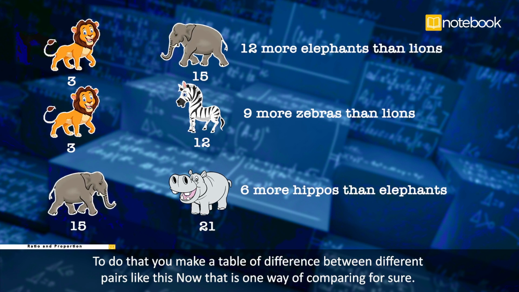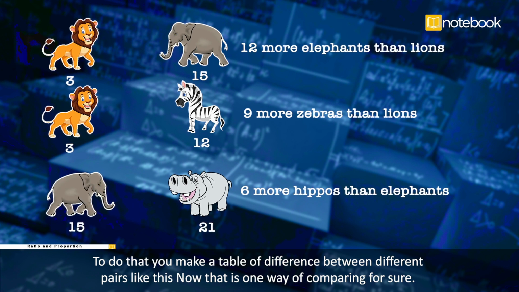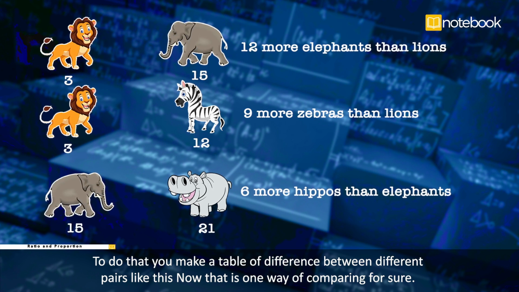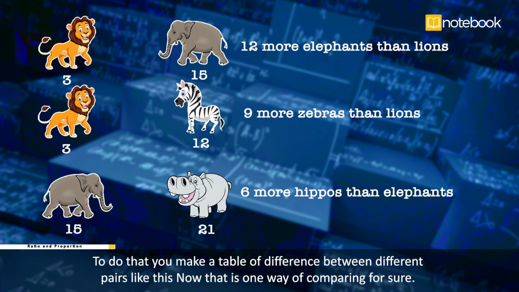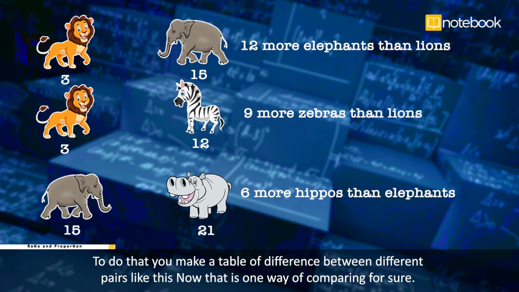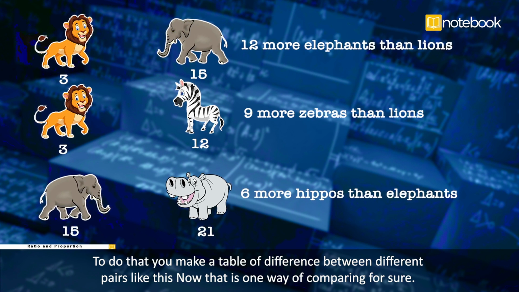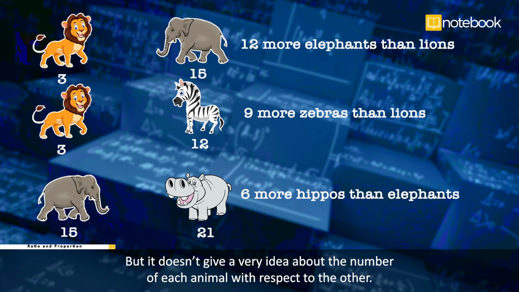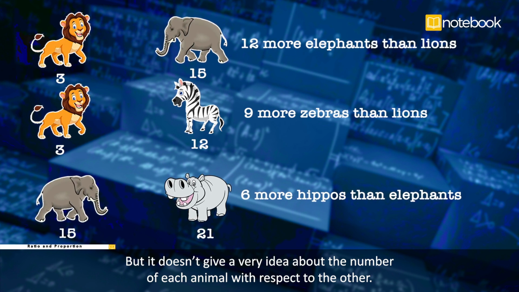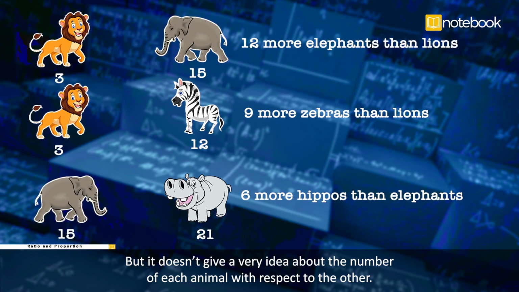To do that, you make a table of difference between different pairs like this. Now, that is one way of comparing for sure. But it doesn't give a very good idea about the number of each animal with respect to the other.